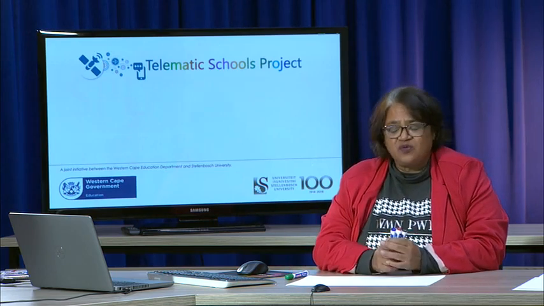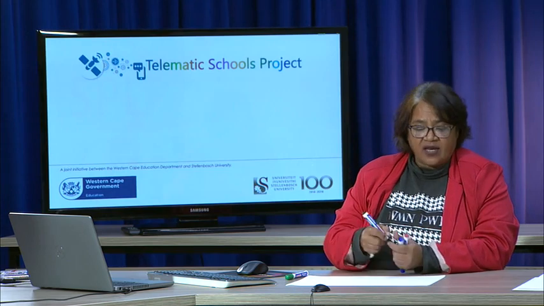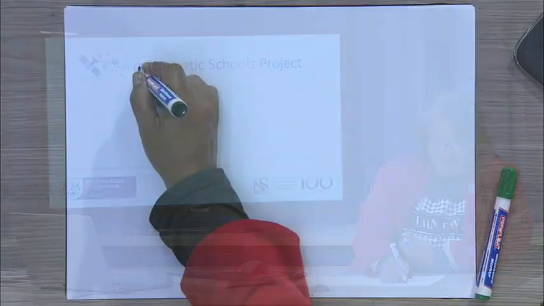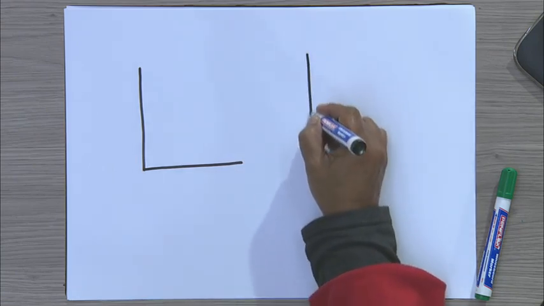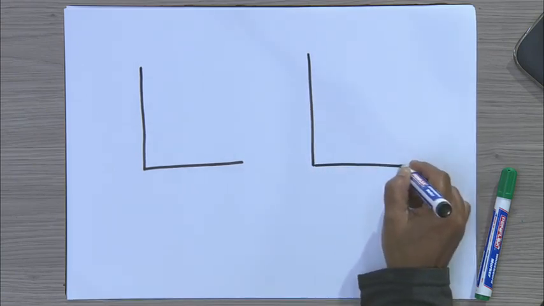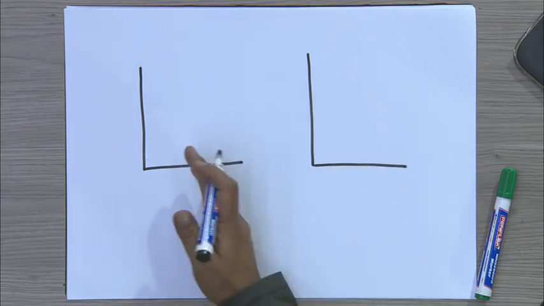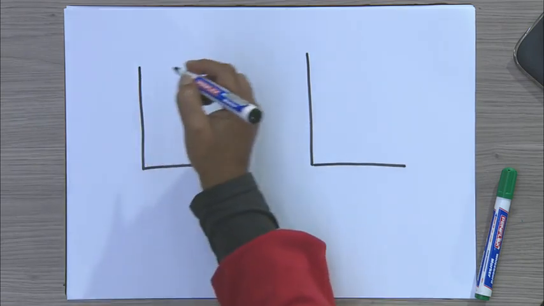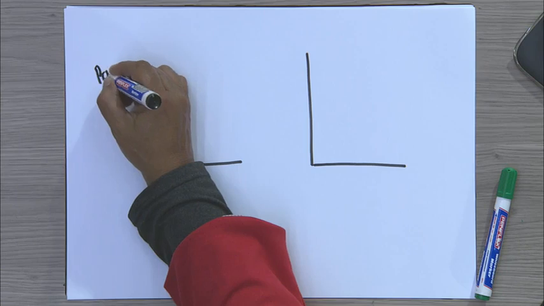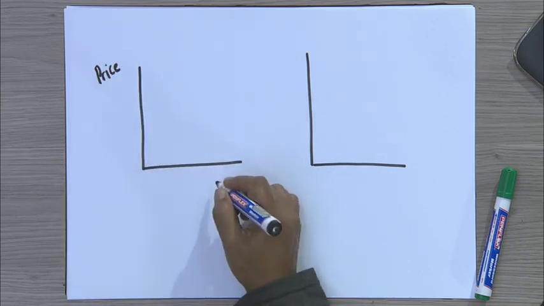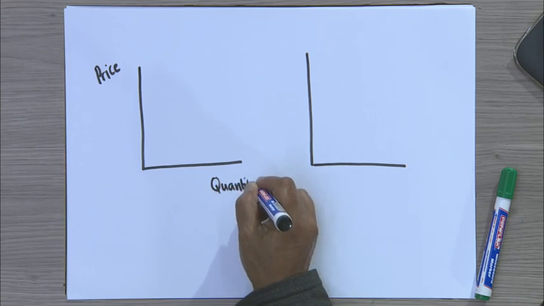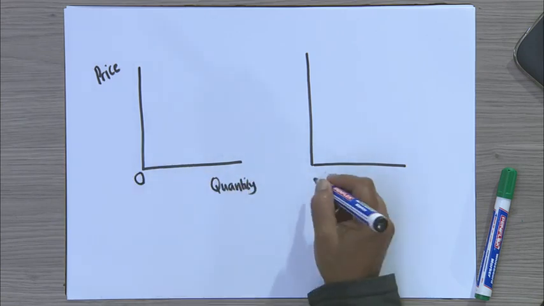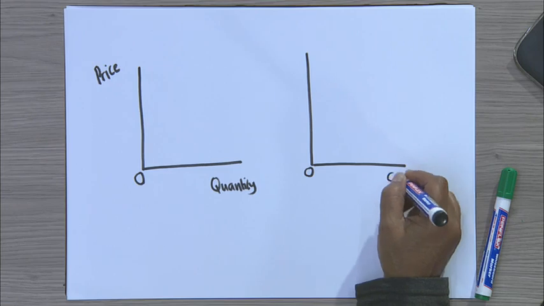So in order to answer that question, you've got to bear this rule in mind, that the graphs have to be drawn alongside one another. So you have the one graph there and the other graph next to it, right? That is what we mean by alongside one another. They are drawn next to each other. So you have your price and you have your quantity, and the same on this side.